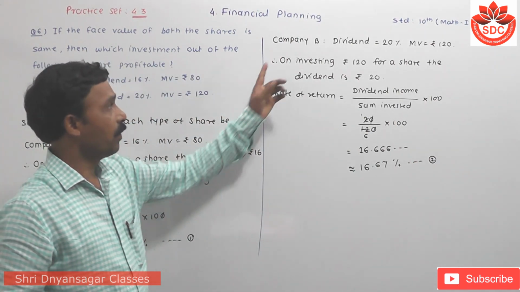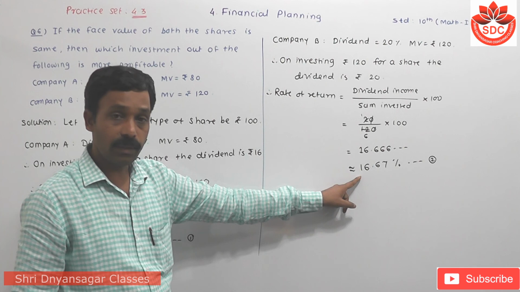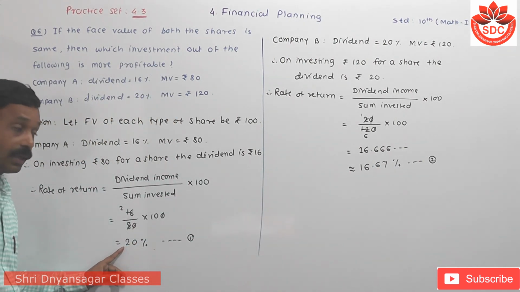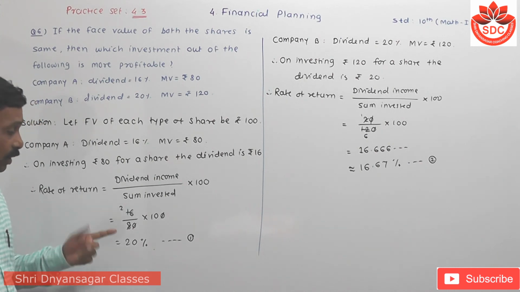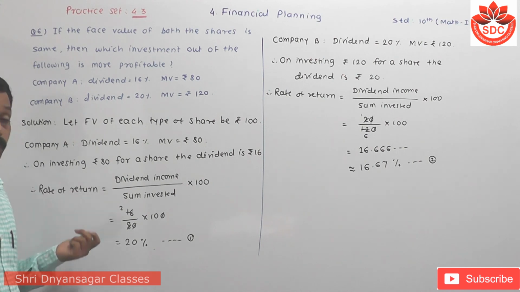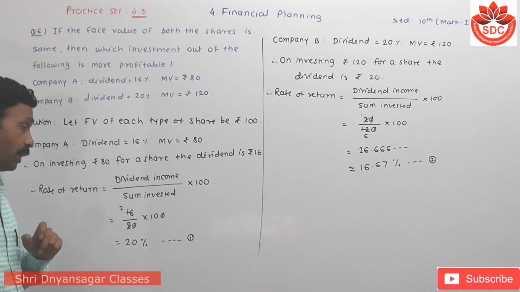Meaning for company B, rate of return is 16.67% and for company A, rate of return is 20%. Which is more? Here 20% is more than 16.67. Meaning which company is more profitable?